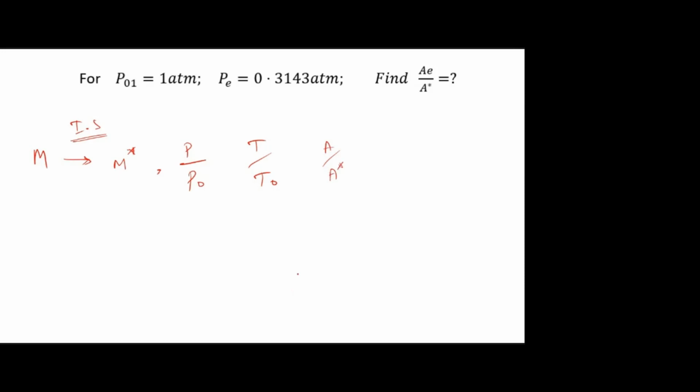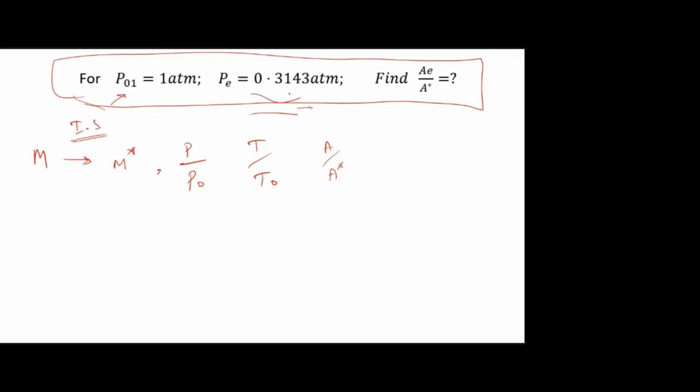Yes, sir. Okay, so in this problem, they have given: consider an optimized CD nozzle, and the settling chamber pressure is given, and the CD nozzle exit pressure is given. You have to find what is the AE by A star ratio.